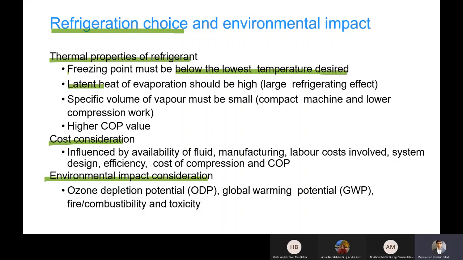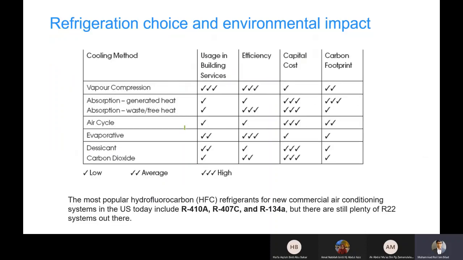We want a high latent heat, a low specific volume of the vapor, and a high coefficient of performance. Next, we think about costs, and lastly, we think about the environmental impact.